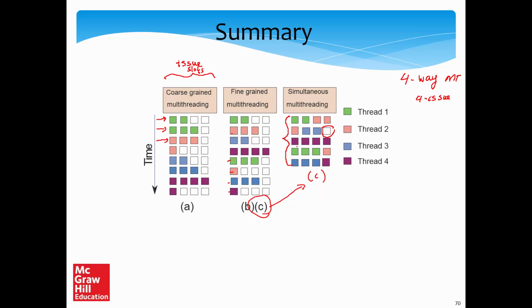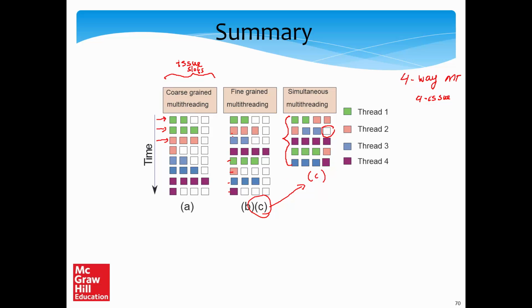That's the reason we also get done sooner with the instructions of all 4 threads, and our throughput is very high. This diagram shows the superiority of simultaneous multithreading, SMT, over the other approaches, mainly because in the same cycle we are able to bring in instructions from different threads, smartly decide the allocations and execute them.